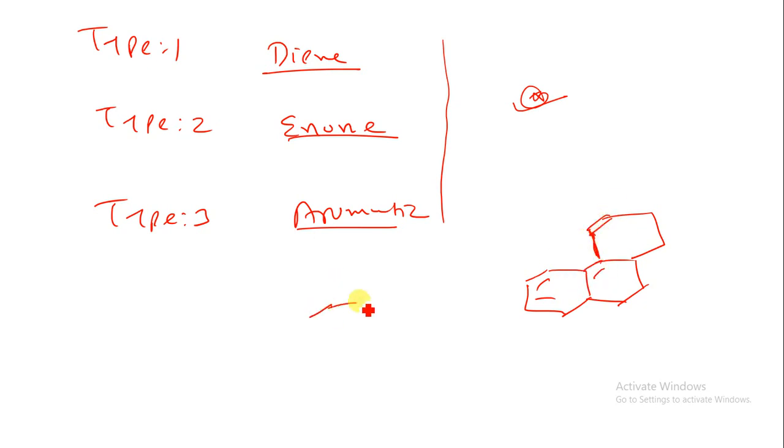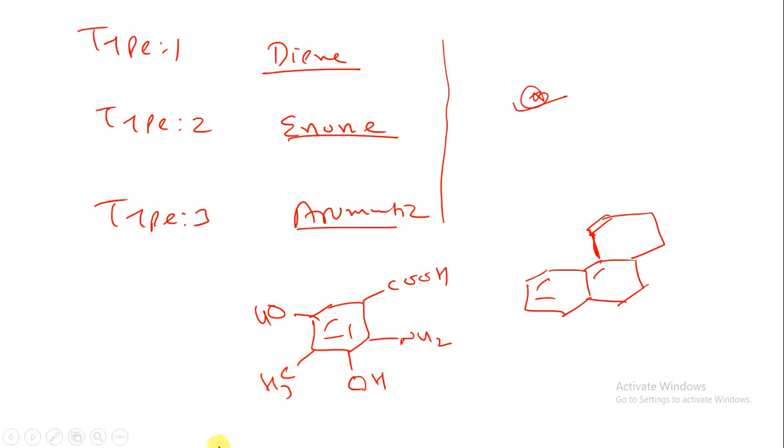If you have to practice the aromatic system, write down the value of C double bond O here, the value of NH2 here, the OH group here, and then let's say a CH3 group here.